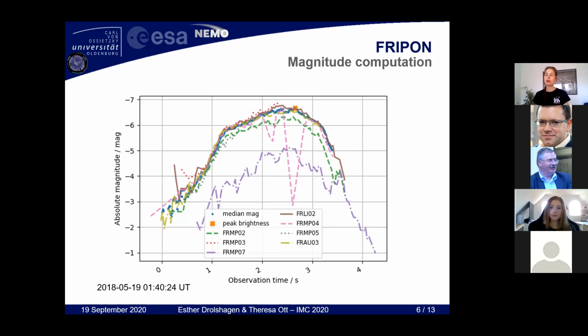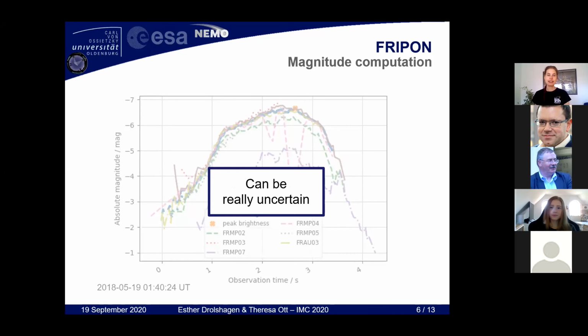Here you can see one example, the one that we showed before. We looked at the magnitudes of the different stations that recorded this fireball, and then tried to exclude all the light curves that show faulty data and also the points that were not so correct. But we still think that this can be really uncertain, so this is something we have to keep in mind for the determination of the luminous efficiency.